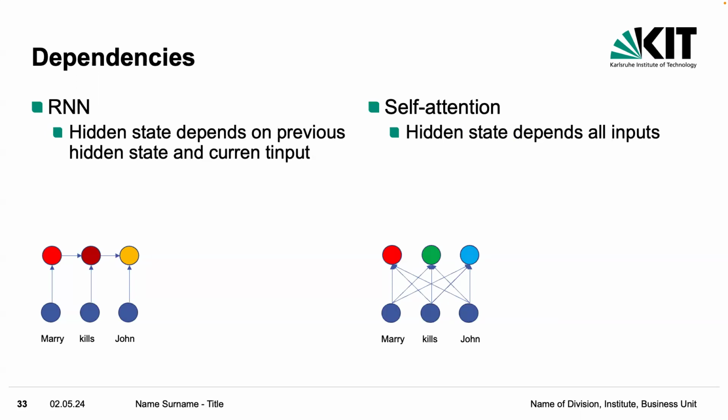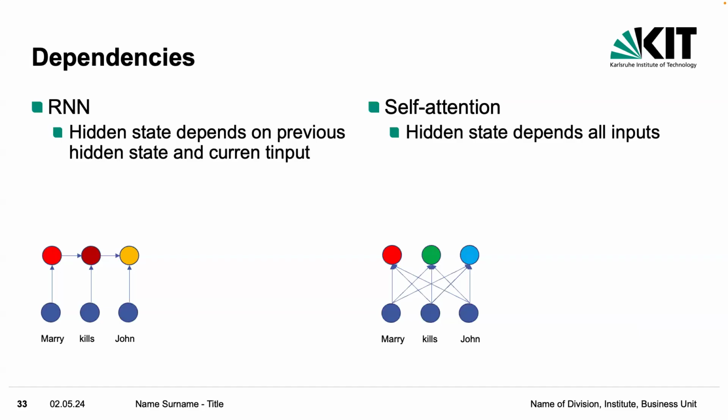But if you think about this type of sentence, Mary kills John, there is one problem with this type of processing, that the hidden state is the weighted sum of all the other hidden states. Anybody already know it or see it? It's a bit far, I agree.